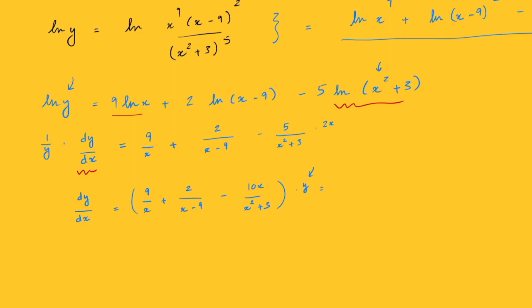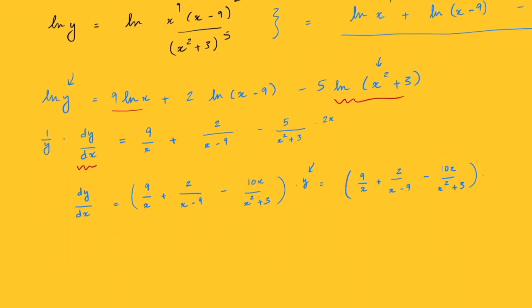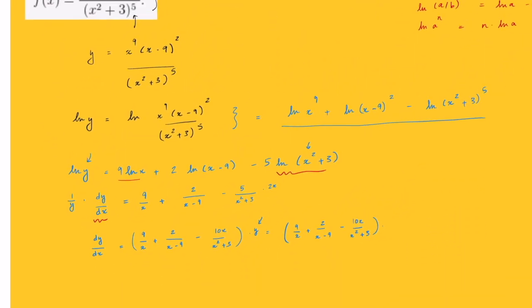So let's quickly do that: this is equal to 9 by x plus 2 over (x minus 9) minus 10x over (x squared plus 3), times y, and y was nothing but this function right here, which is simply equal to x to the ninth times (x minus 9) squared divided by (x squared plus 3) whole raised to the 5. And here is our final answer.